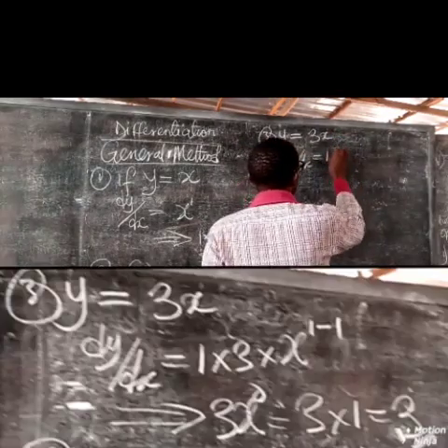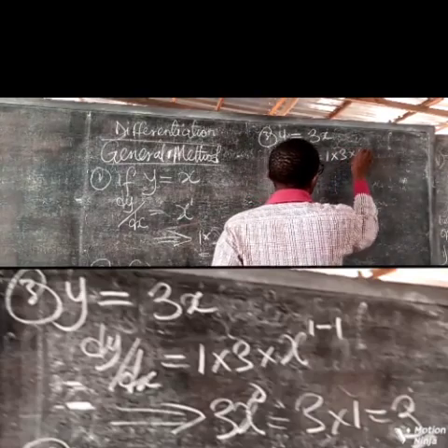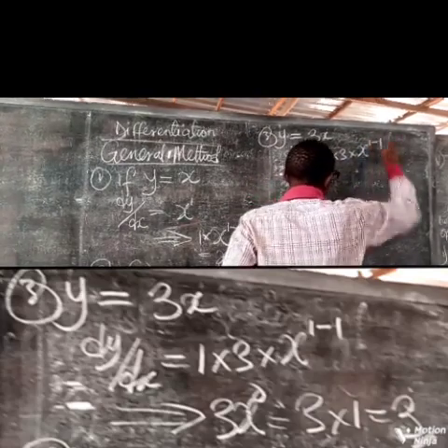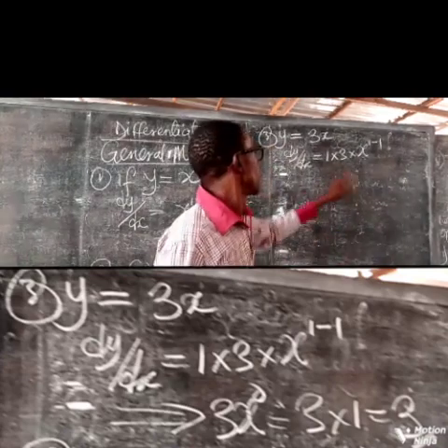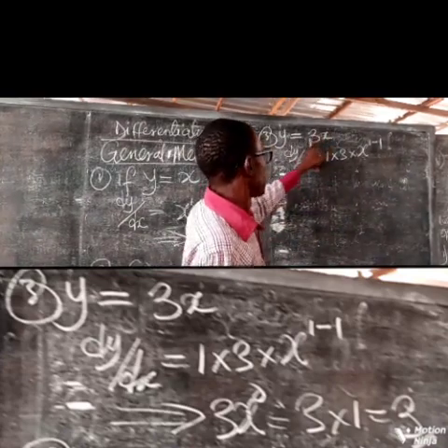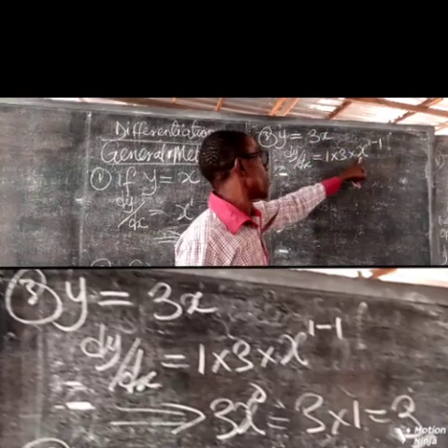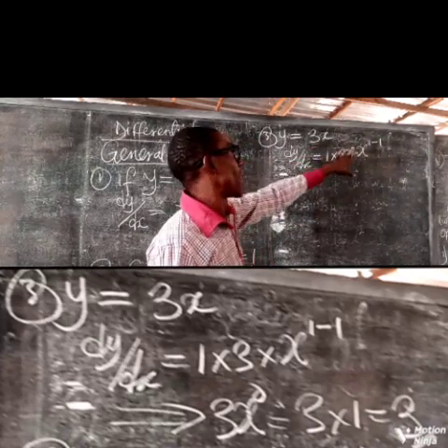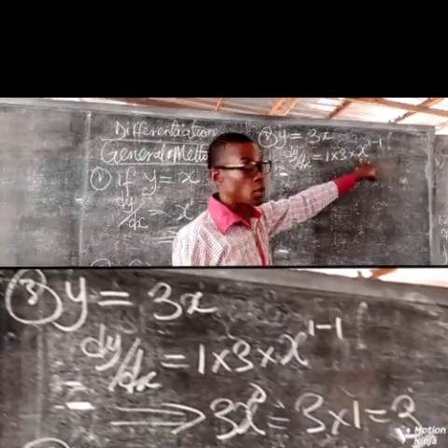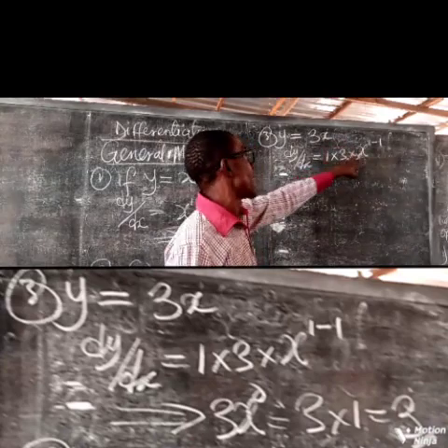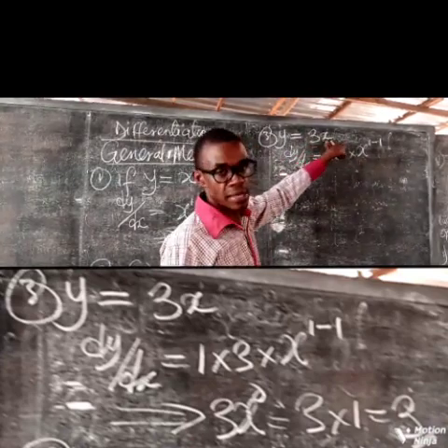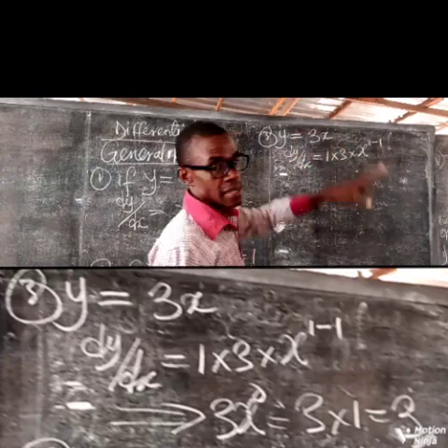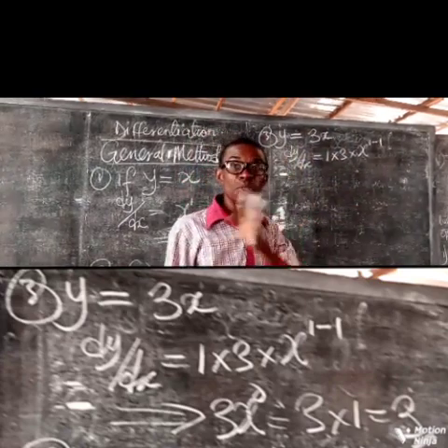So you have 1 multiplied by 3 multiplied by x to the power of 1 minus 1. Multiply by the power, then take away 1 from the power of the variable we are dealing with here, which is x. Don't forget that we're differentiating y in terms of x. But here x is having 3 as its coefficient.